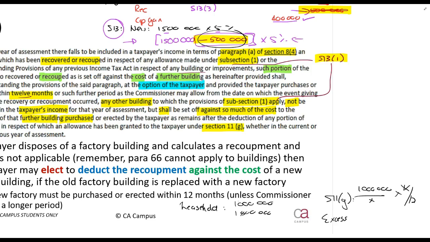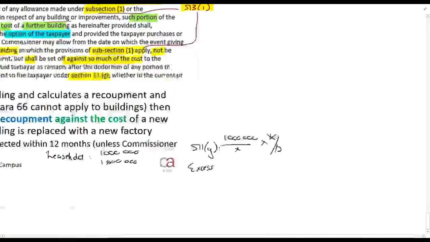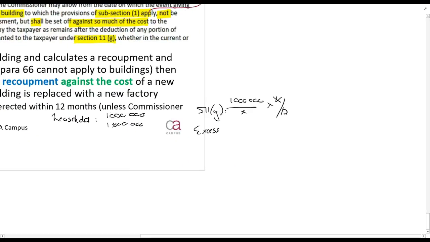And the excess improvements amount is always the actual selling price or purchase price, the cost of the leasehold improvement, minus the amount that I claimed under section 11G, which is that million, times 5%.